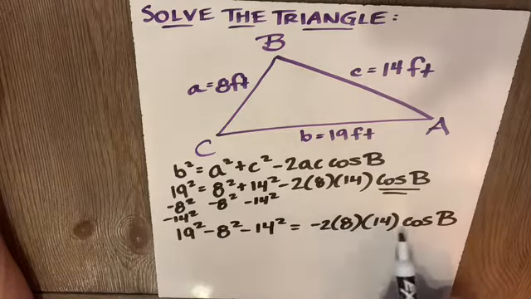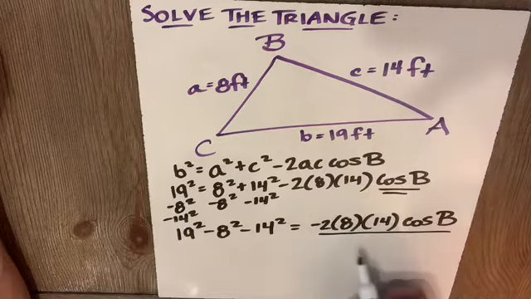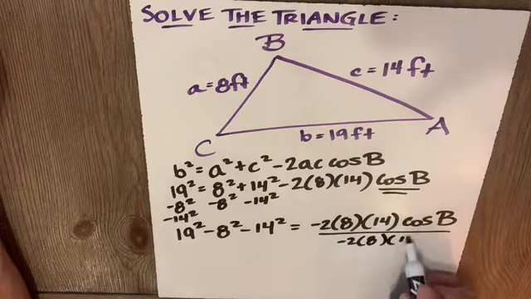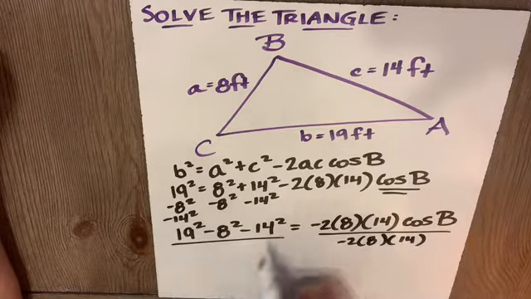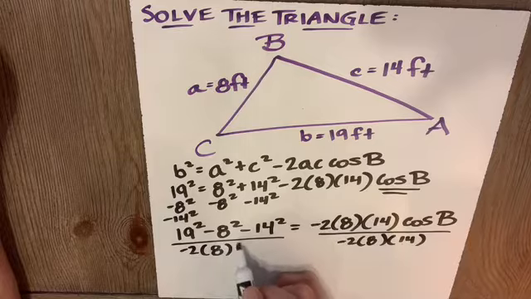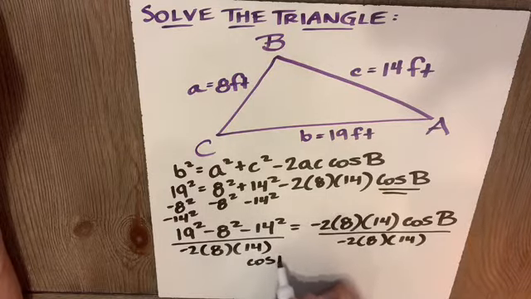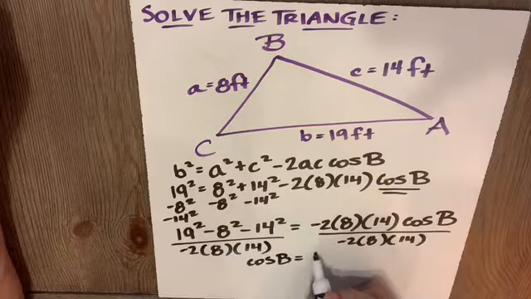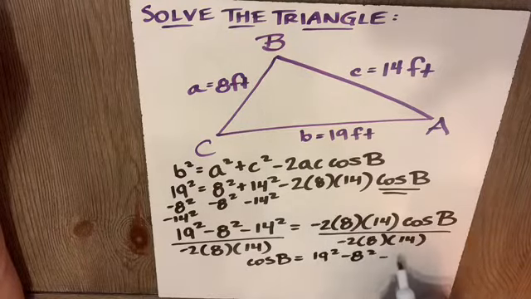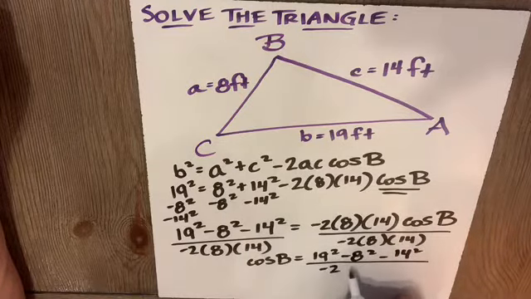This times this times this times cosine b. So to get cosine b all alone, that's right, I've got to divide both sides of this equation by negative 2 times 8 times 14. So I get cosine of b is equal to 19 squared minus 8 squared minus 14 squared over negative 2 times 8 times 14.